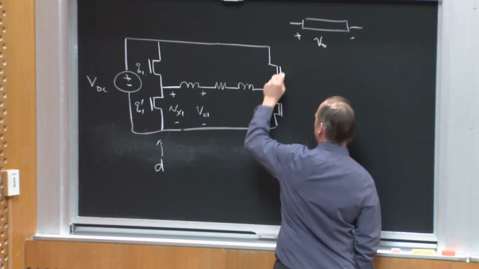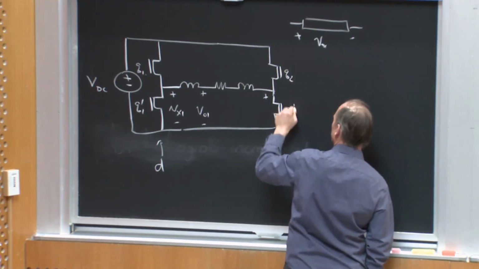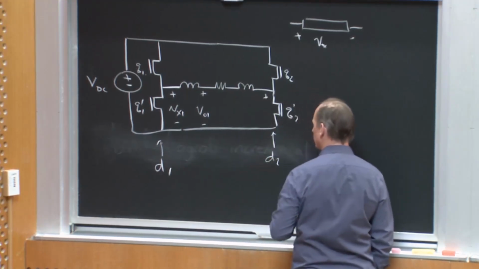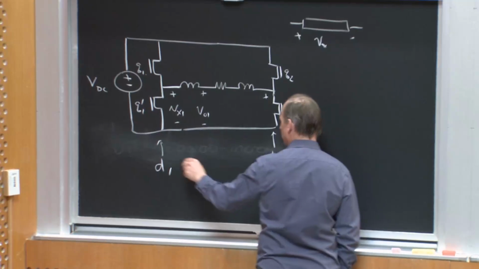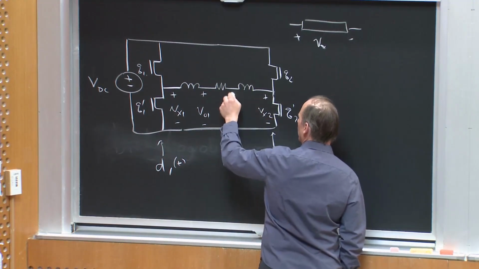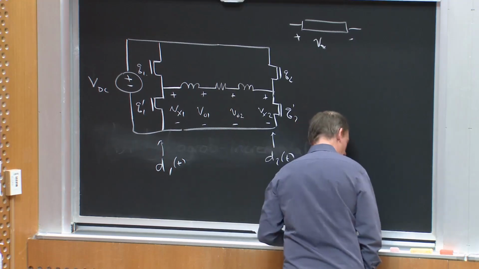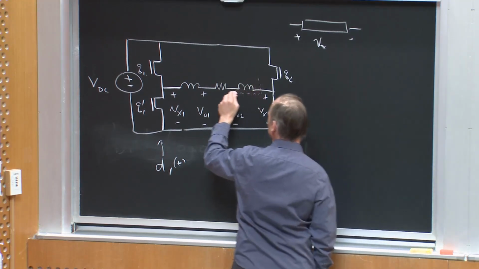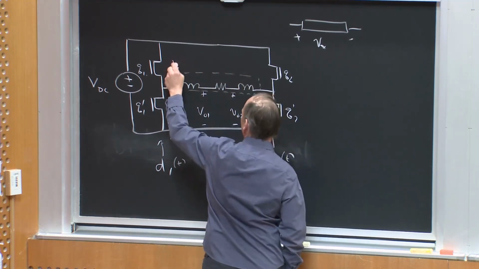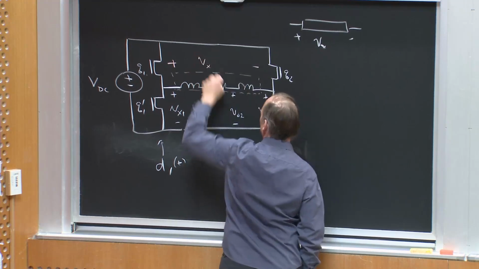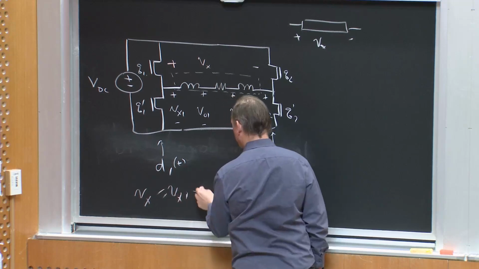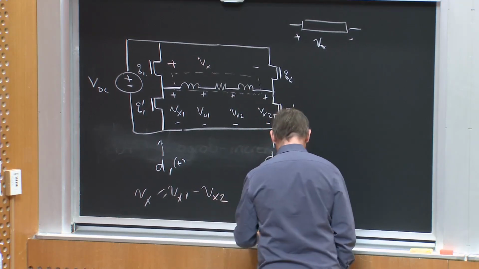And likewise on this circuit, if I have Q2 and Q2 prime, if this is D1, this side I'm running with duty ratio D2(t), right? And so I'm going to have an output voltage Vx2 and Vo2. And if I thought of this load network here, I would have Vx equal to Vx1 minus Vx2, right?